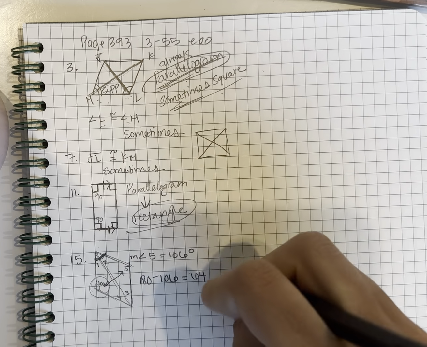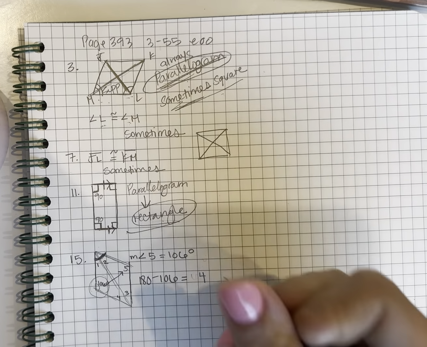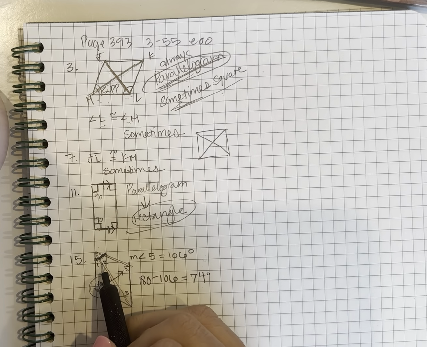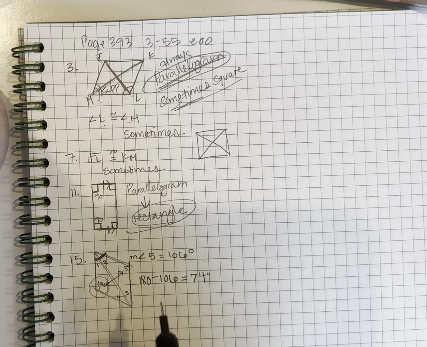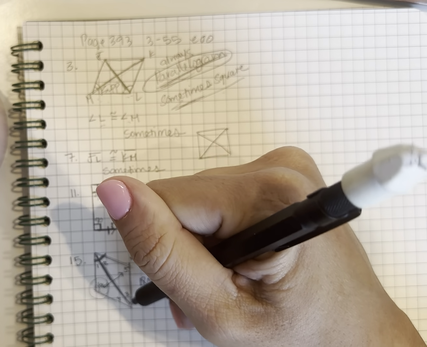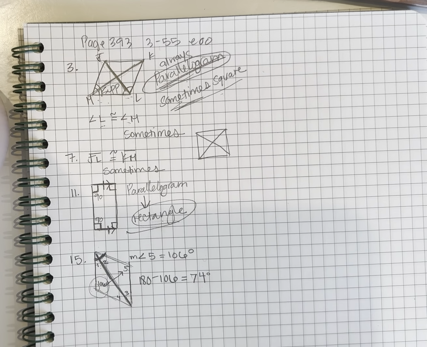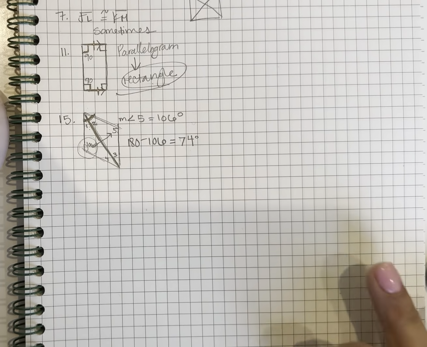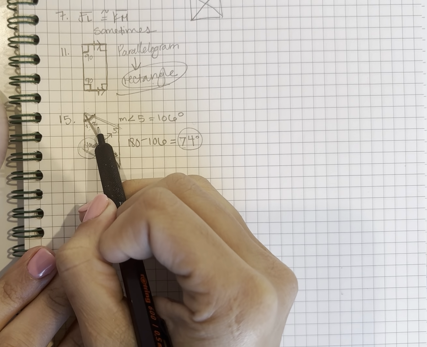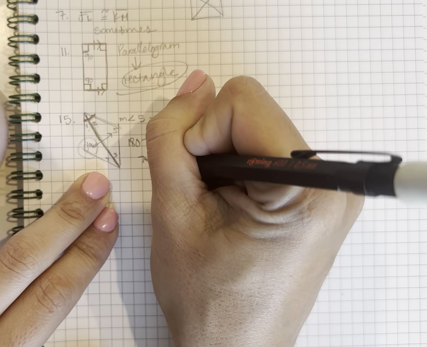Is that right? No, it makes it 74. What am I saying? Sorry, guys. 74 degrees. So this full angle is 74 degrees. But now, if this is a rhombus, this diagonal actually does bisect this angle, which then means that the full angle being 74, each one of these is half of 74.